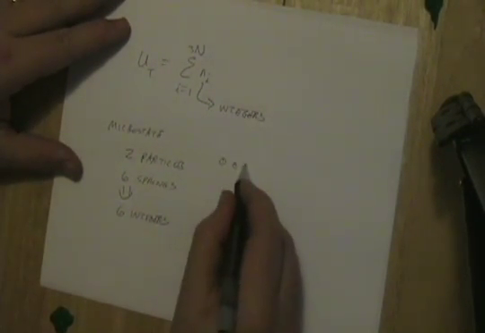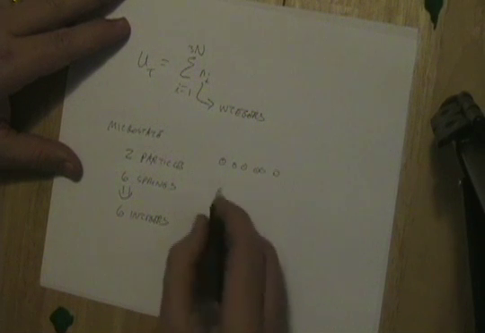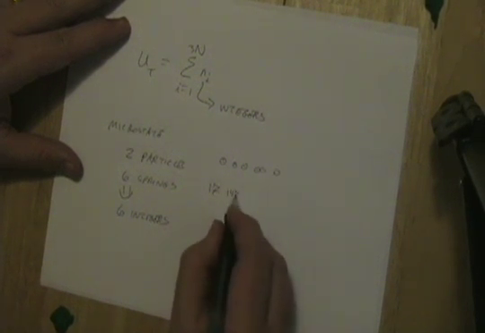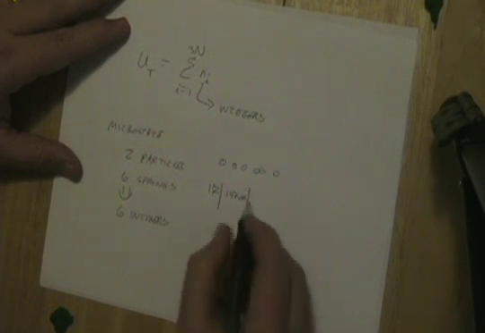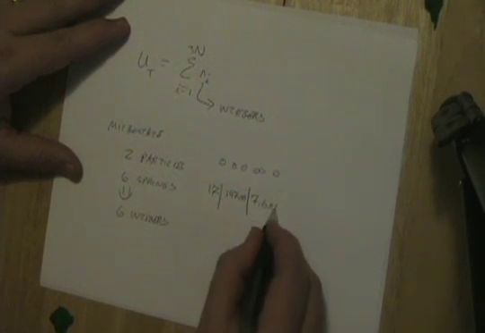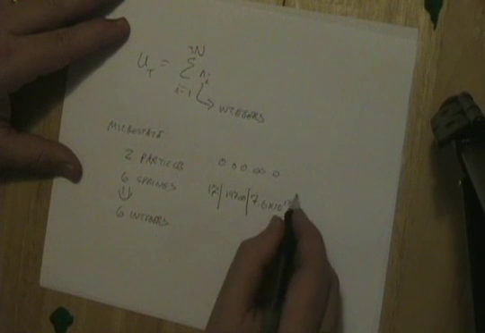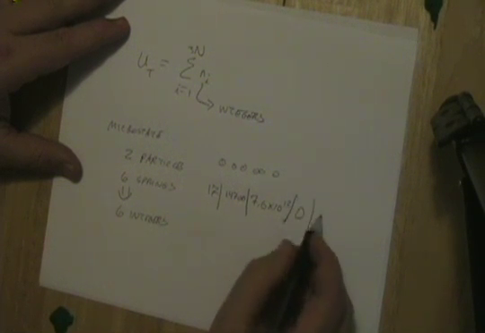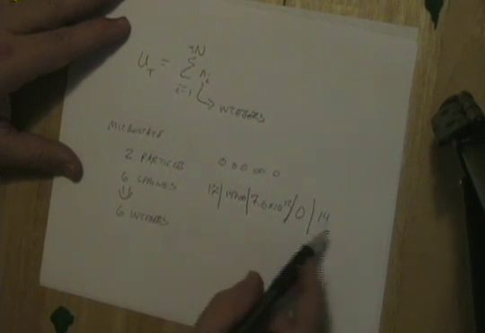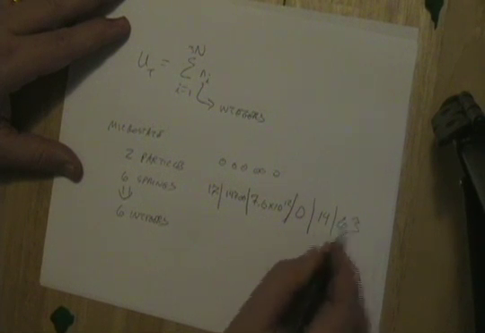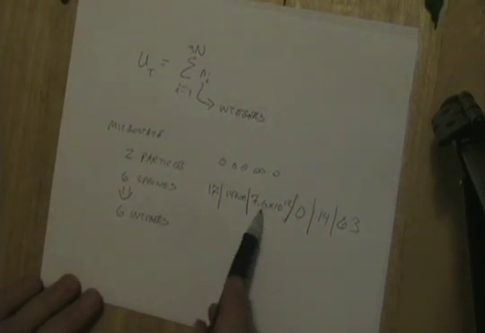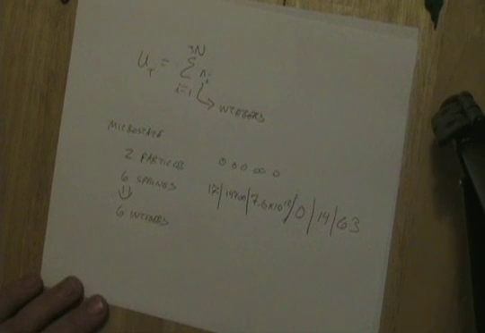Well, I could have 0, 0, 0, 0, 0, 0, or I could have 17, 147,000, 7.6 times 10 to the 12th, 0, 14, 1, 2, 3, 4, 5, and 63. As long as they're integers, they're fine. Note that this one is an integer, okay?